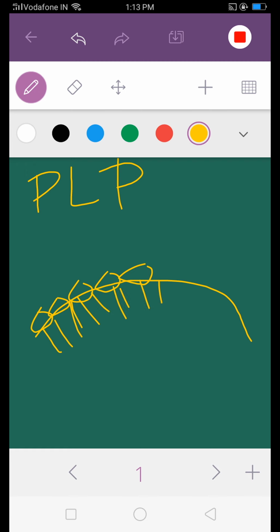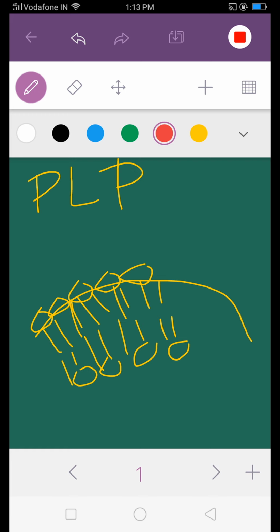Lipids are present in a bilayer formation, the lipid bilayer. This is one segment with heads and tails, and another segment. So one layer, two layers, a lipid bilayer.